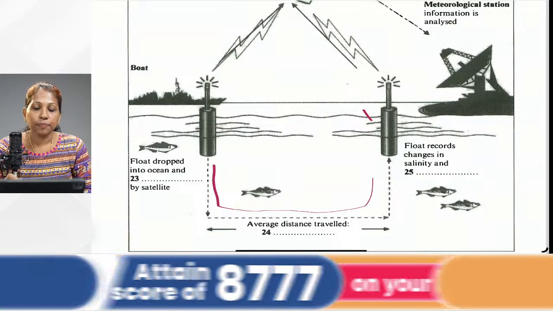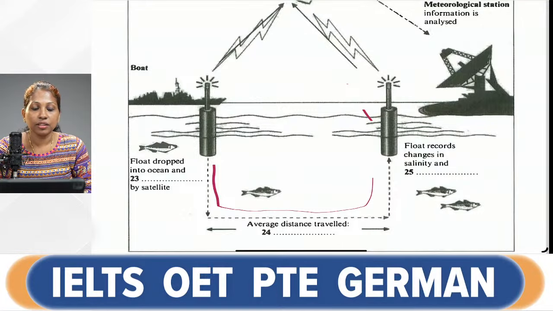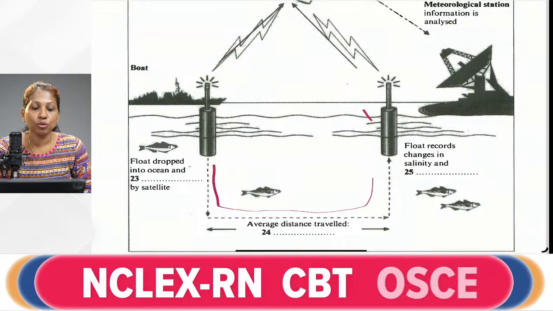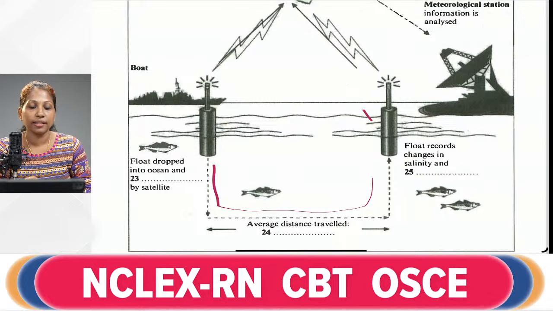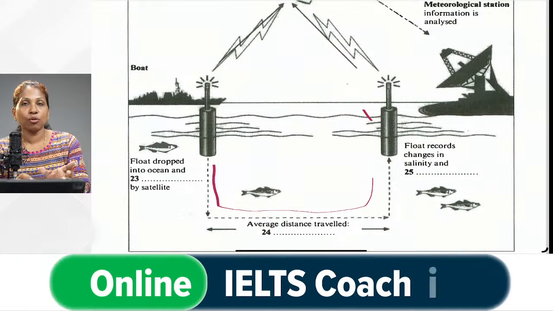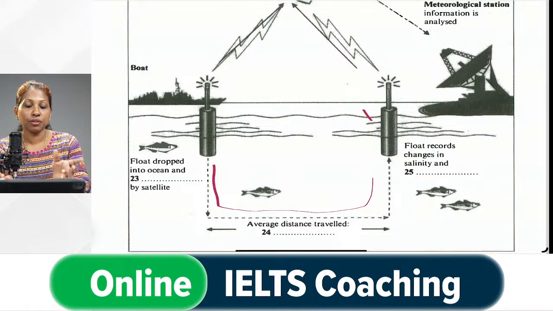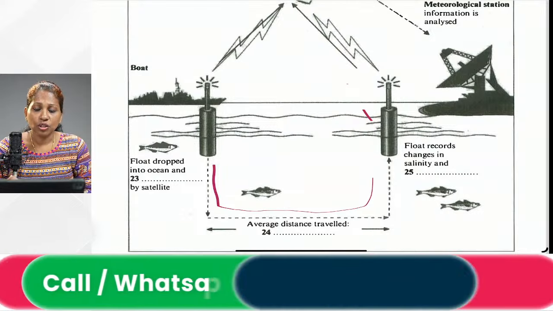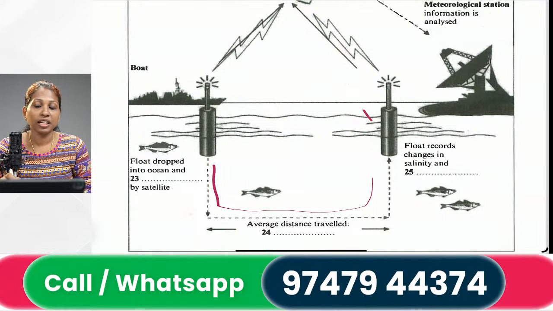When you see blank 23, it says float dropped into ocean and blank by satellite. Always look at the words before the blank, which are going to definitely help you. There are three labels to complete, 23, 24, 25.